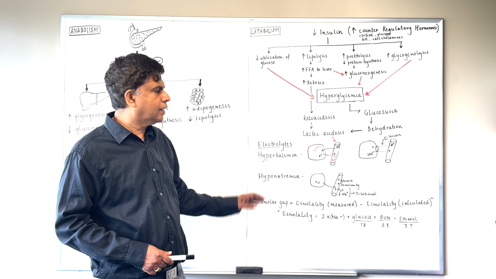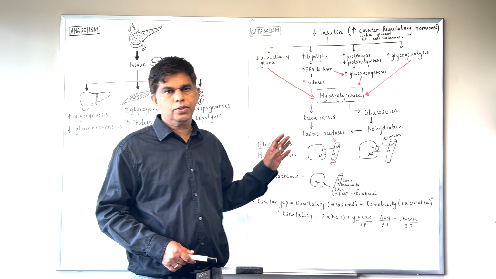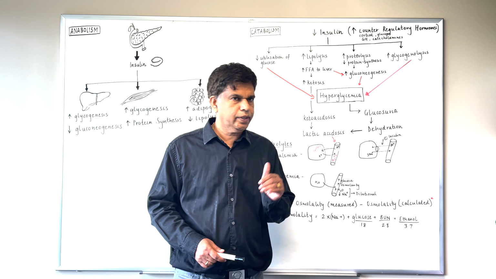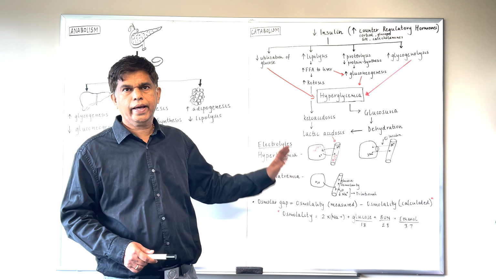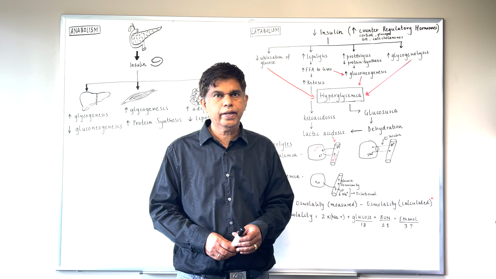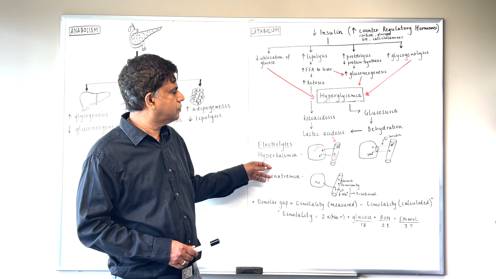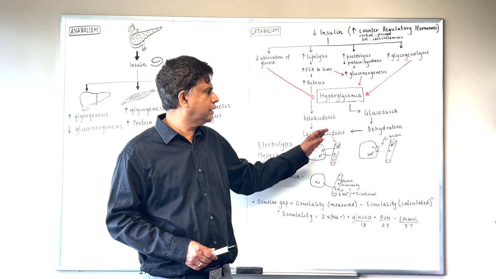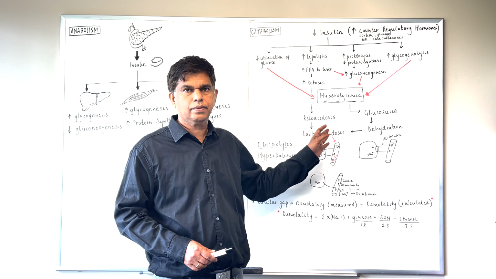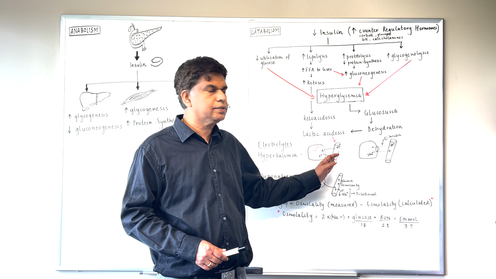Now, when we talk about the main complications, one is anion gap metabolic acidosis. We already talked about the mechanism of that. Number two is hyperkalemia. First, you have lactic acid and other acids, which cause increased acid in the blood.